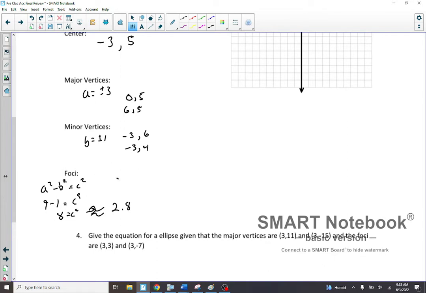So the c value is 2.8 plus minus. So then, because the major was the x, we're going to do it to the x. So it's going to be like 0.2 comma 5 and then -5.8 comma 5.